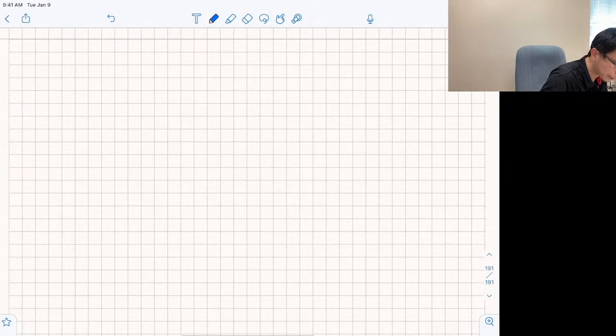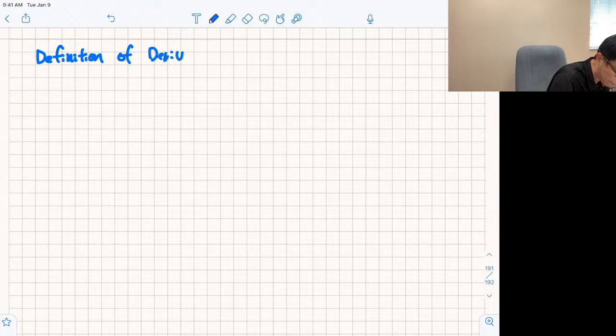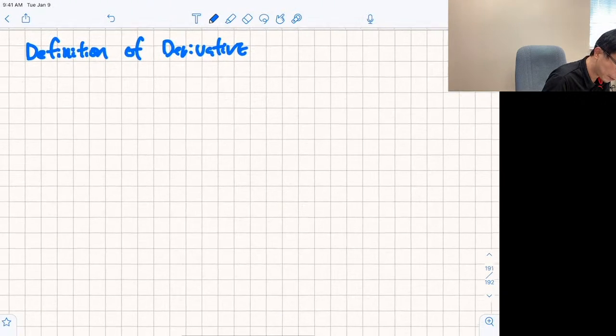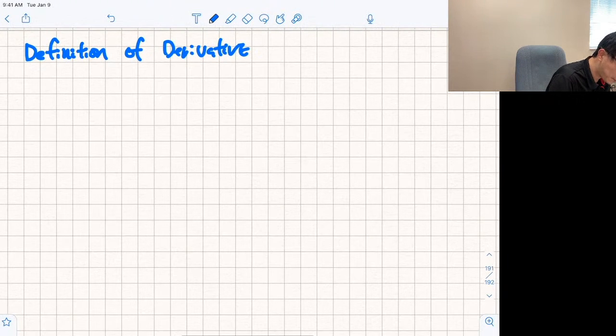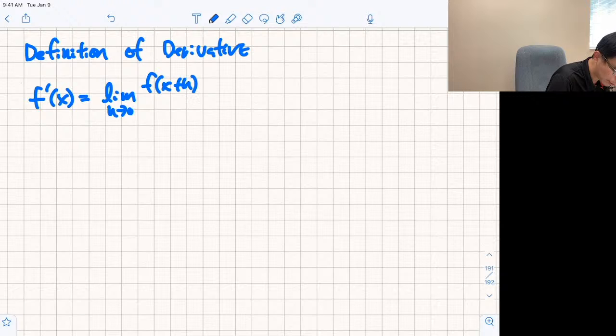So we're going to start with the definition of derivative. The definition of derivative has f prime of x equal to the limit as h approaches 0 of f of x plus h minus f of x over h.